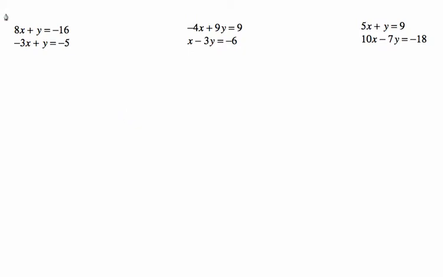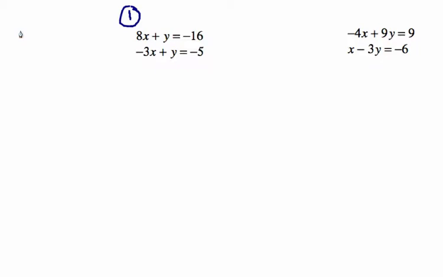So we'll get started with our first problem up here, in which the first equation says 8x plus y equals negative 16, and the second equation says negative 3x plus y equals negative 5. In most elimination problems, we're lucky enough to have something where the coefficients of the variables are going to cancel out easily.